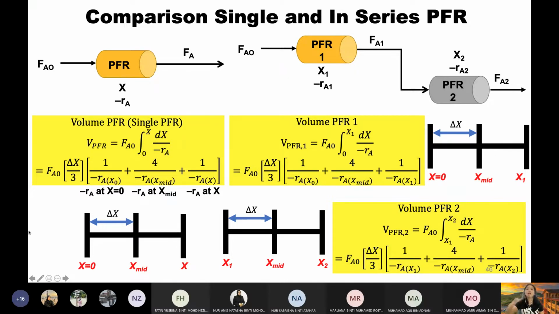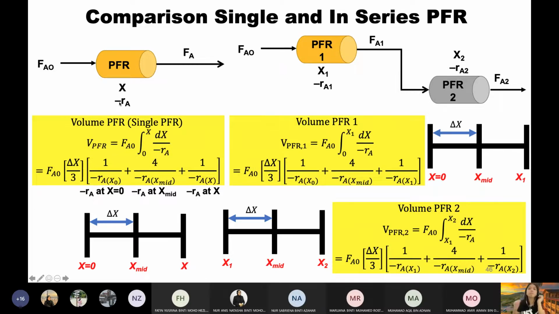Okay, now I explain for PFR in series. Okay, so PFR dalam bersiri ni, untuk reaktor pertama memang senang nak explain sebab for the first reactor, it's very similar to the single reactor. Sama macam CSTR. Kalau first reactor tu berseries, formula dia hampir sama dengan single. So normally dalam reactor pertama, student tak akan confused. Student will get confused the next reactor. Okay, but I explain first the first reactor as well.